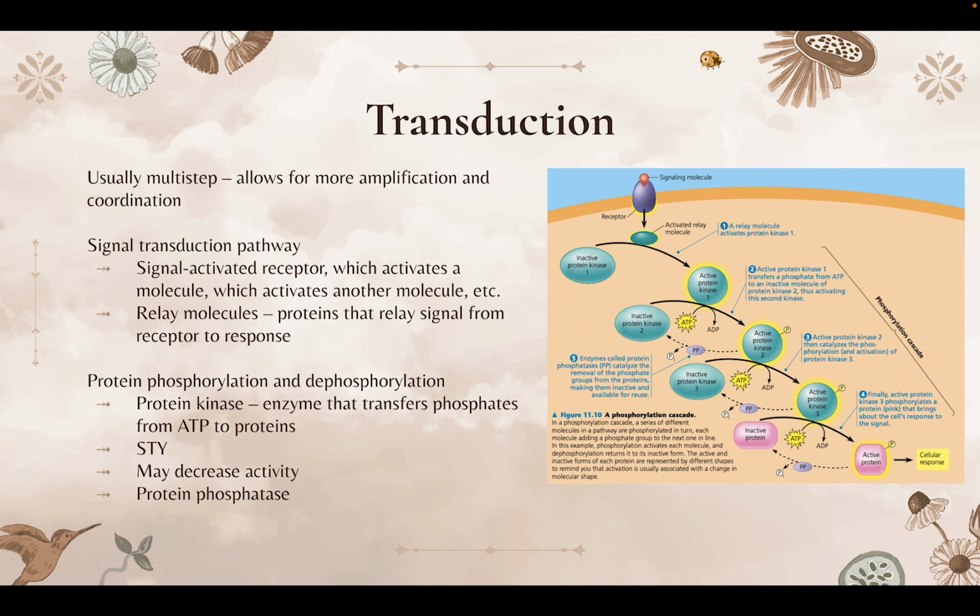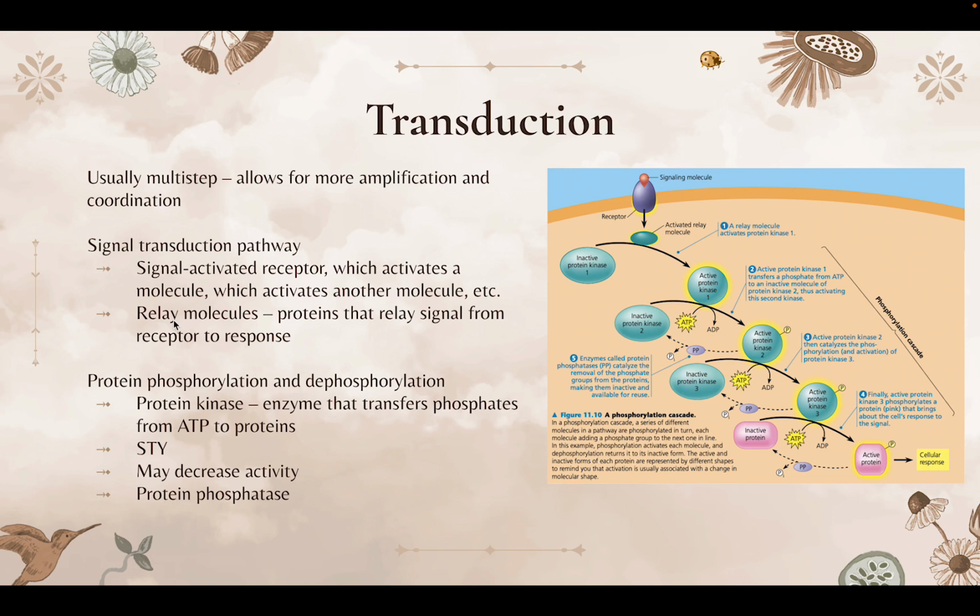All right, so now let's move on to the second step of signal transduction, which is transduction. Transduction, you're going to find, is usually multi-step, and this allows for more amplification and coordination in this pathway. Usually a pathway looks like a signal-activated receptor that activates a molecule, which activates another molecule, and you get this whole cascade.